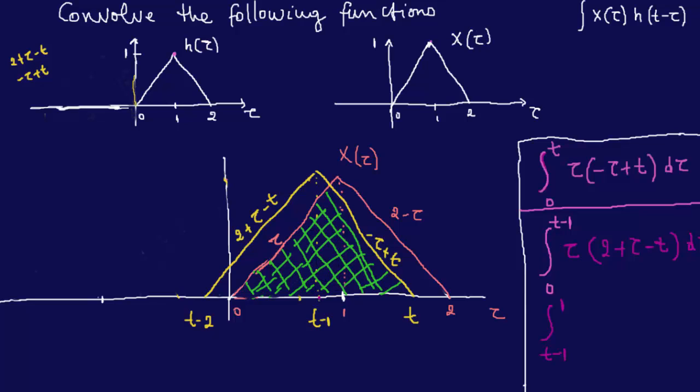From t minus 1 to 1, we have x of tau, which would be this one right here, because we are underneath here, right? This is where we are. So our x of tau is this, which is tau. Okay, but what's our h of t?